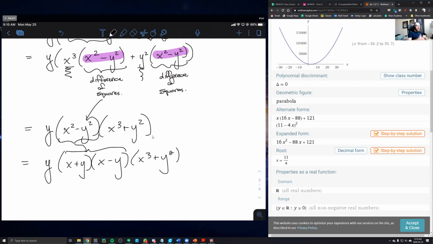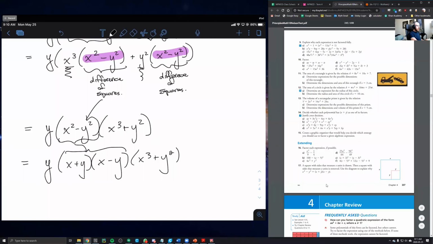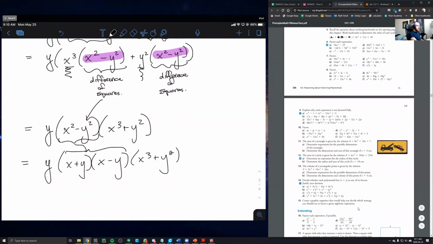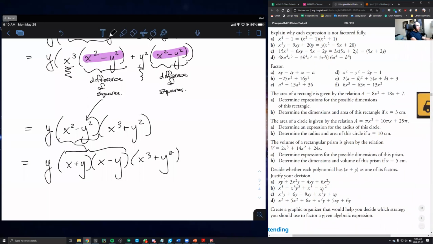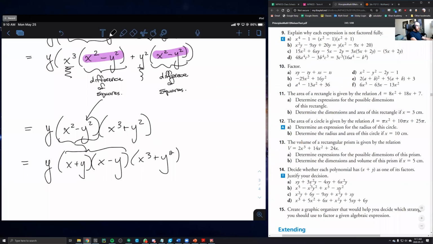You have to be really on your toes about what kind of factoring you're doing at each step. Now, there are a few more example problems. I know number 14 here will have you factor by grouping. Really, it's trying to figure out whether x plus y is one of the factors.